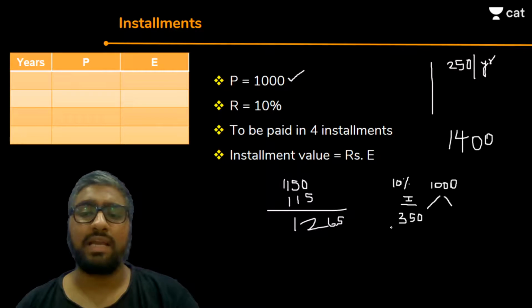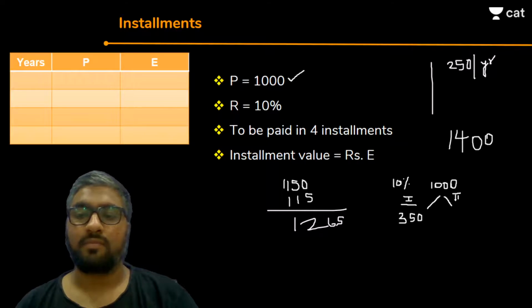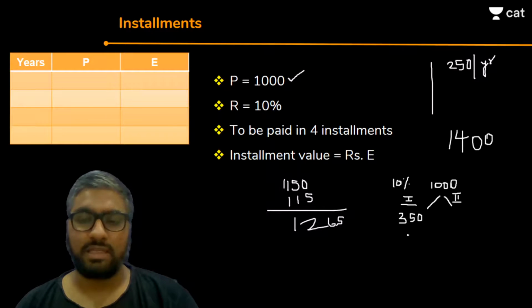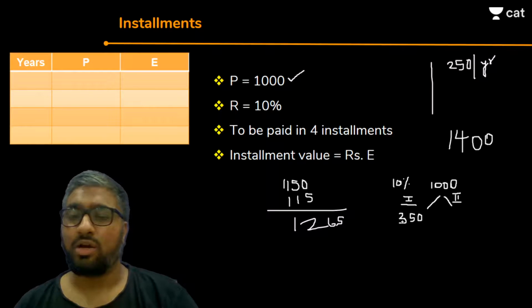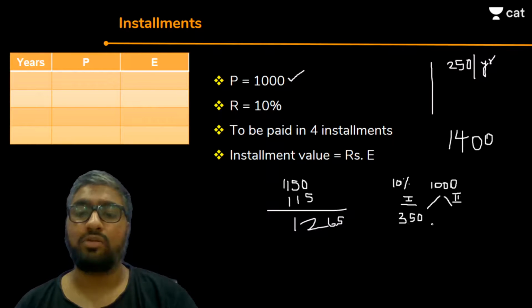So the remaining amount's interest would also be a part of the second installment. Apart from the 350 that you pay, of the remaining amount, 115 rupees would also be a part. Now you would pay me not 350 for the second installment, you would be paying me 465 for the second.